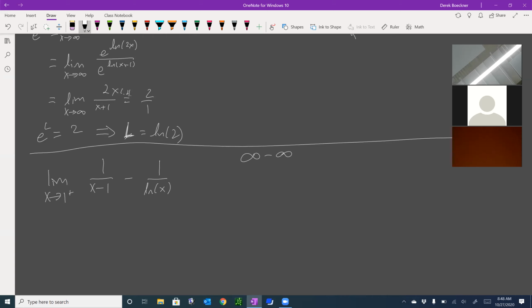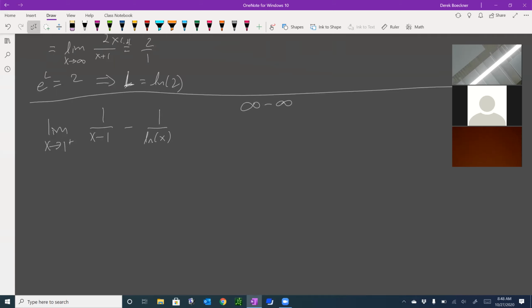Okay. So what we're going to do is we're going to call this thing L. And we're going to take e to the L. And that's going to be the same thing as the limit as x goes to 1 from above, e to the 1 over x minus 1 minus 1 over ln of x.